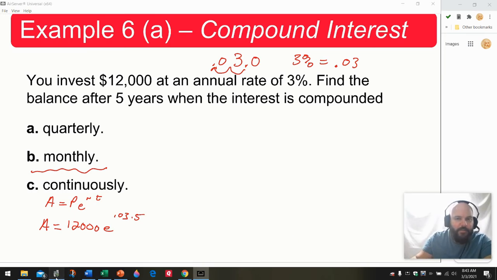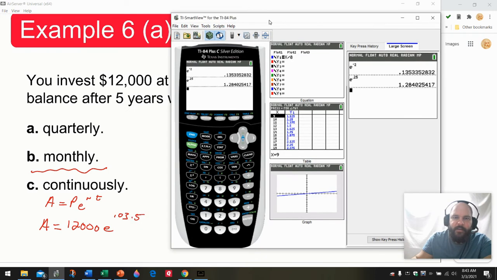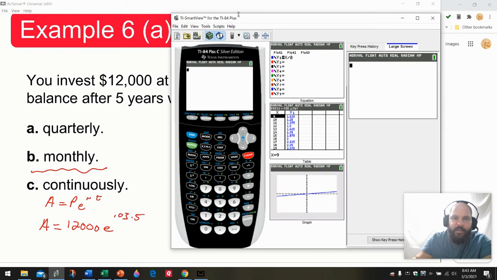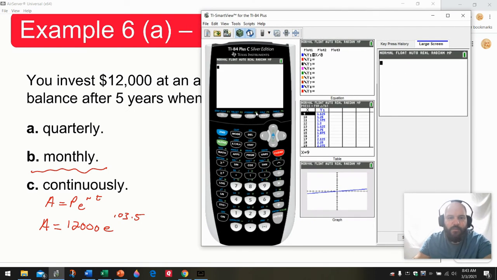Now, the next step is getting your calculator out. It is definitely easier on a graphing calculator than a scientific, but you can do this on a scientific calculator. Now, you've got to be a little careful. This formula is not as hard as the other one to type in, which I'll show you in a second. But we're going to start with 12,000. We're going to multiply by E. Remember, E to the is the second natural log key.